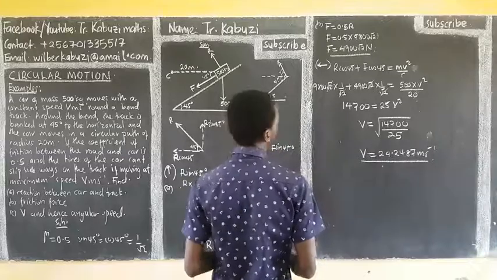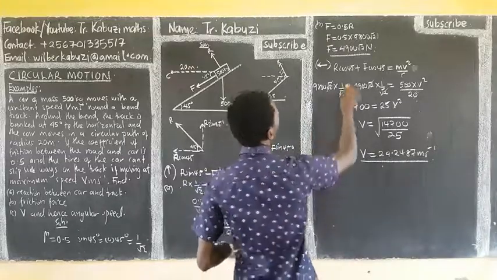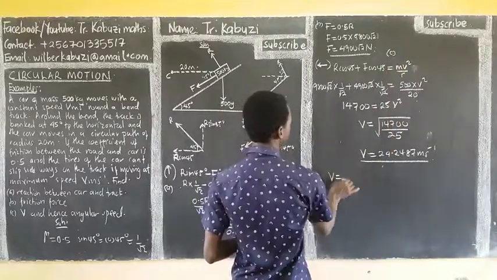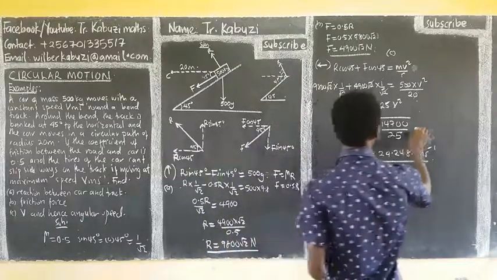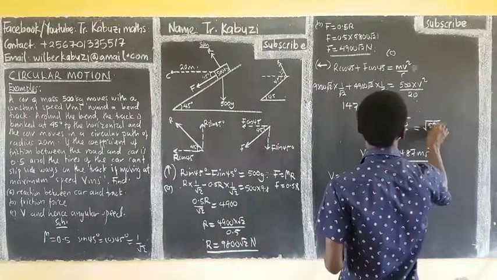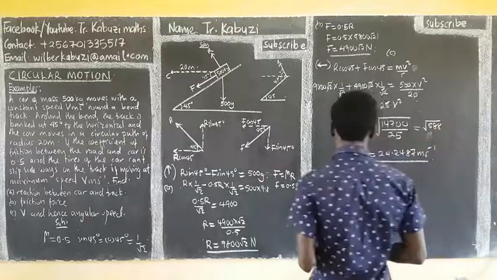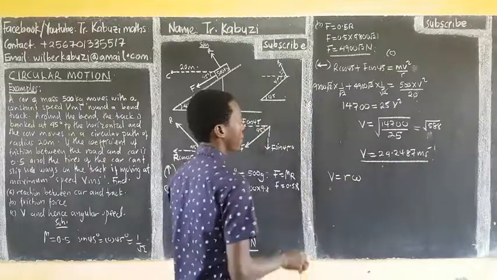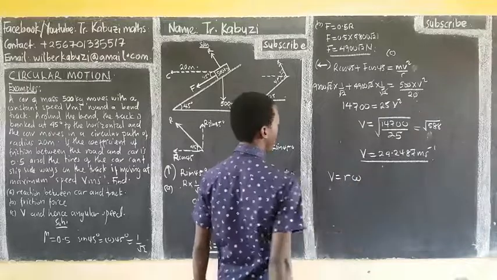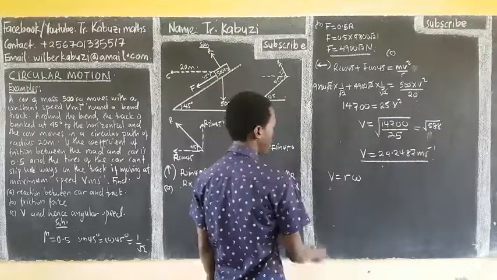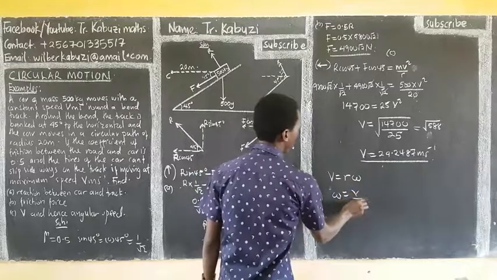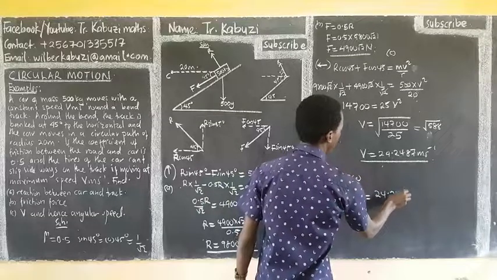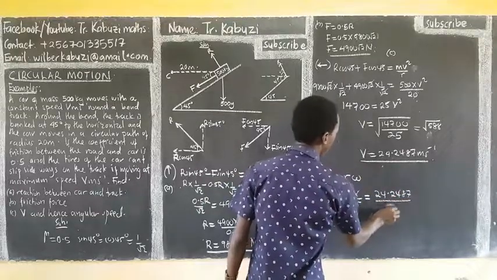Then the next part, this is our part C. They want us to get the angular speed. You know that the relationship is always that V equals radius times the angular velocity. So we can easily get that our angular speed is going to be V over R. Our V is 24.2487 divided by 20.